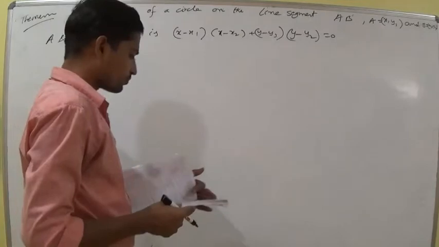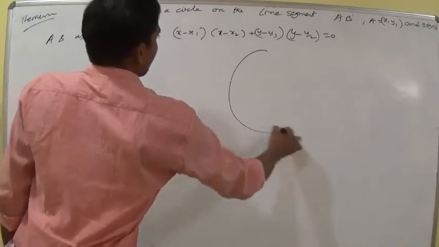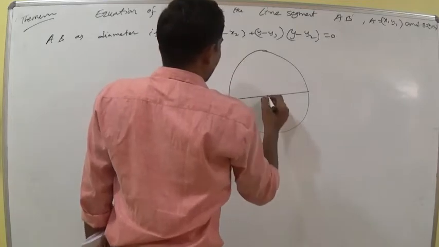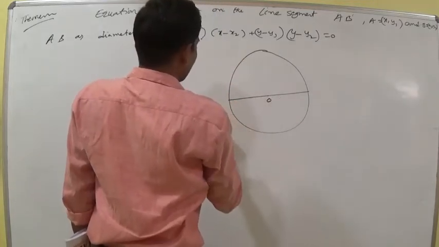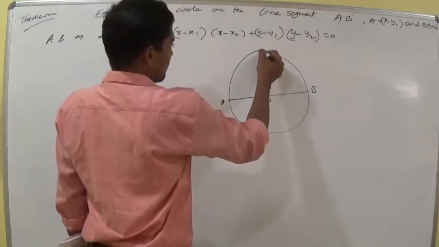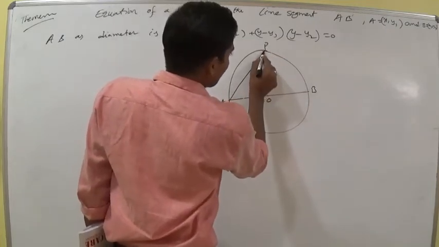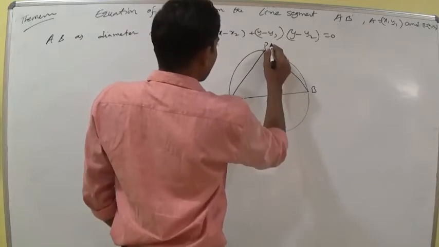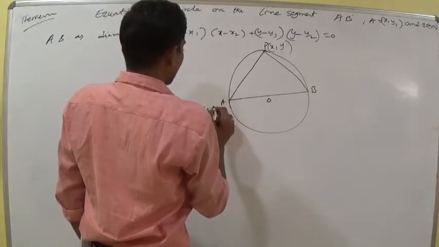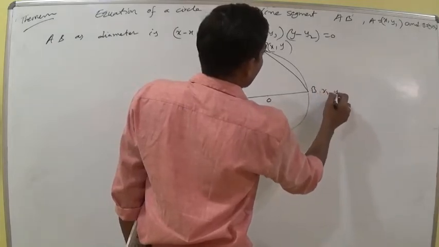So here for this proof, a circle having a diameter: the diameter is the longest chord of a circle which passes through the center of the circle. But suppose I am taking a point P (x, y), with A (x1, y1) and B (x2, y2).